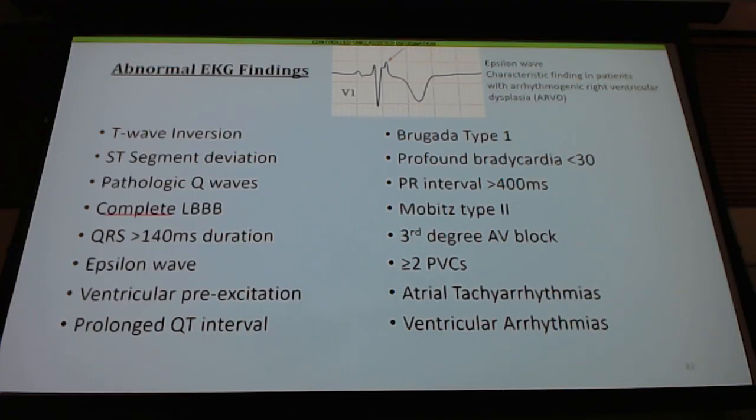If they have a widened QRS, if they have an epsilon wave, which is what an epsilon wave looks like, if they have prolonged QT intervals, Brugada, profound bradycardia, PR intervals greater than 400 milliseconds. So you can see a lot of these are more concerning signs. If you see any of those, then that warrants an immediate cardiac workup because they are at high risk of developing fatal arrhythmias leading to sudden cardiac death.